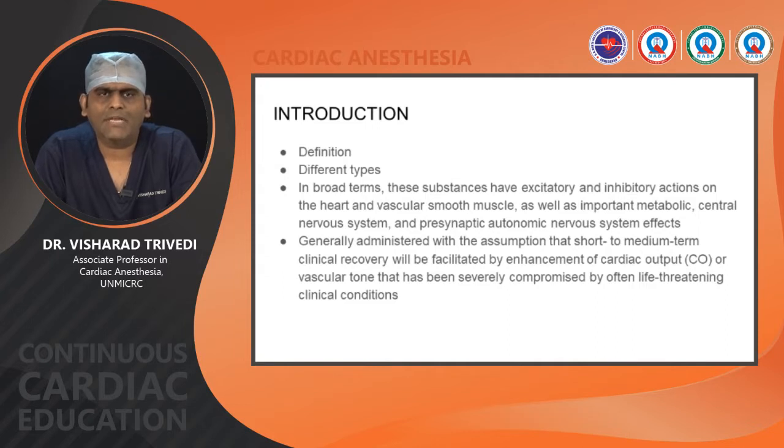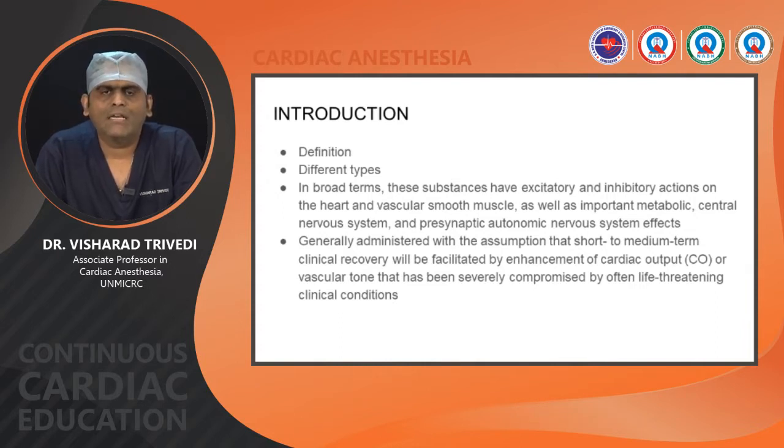All the catecholamines have a beta 1 receptor action, so they are mostly inotropes, barring one or two drugs which we will see further in the lecture. Other non-catecholamine drugs are phosphodiesterase 3 inhibitors, myofilament calcium sensitizers, and insulin glucose infusions.